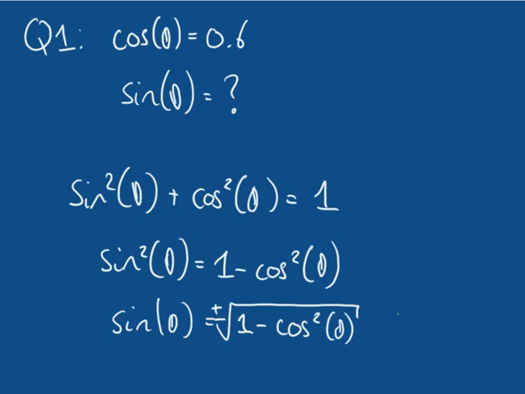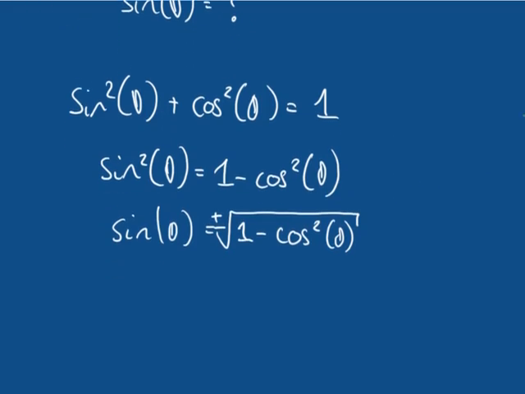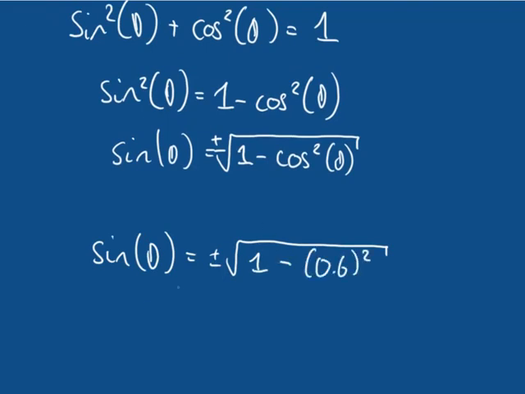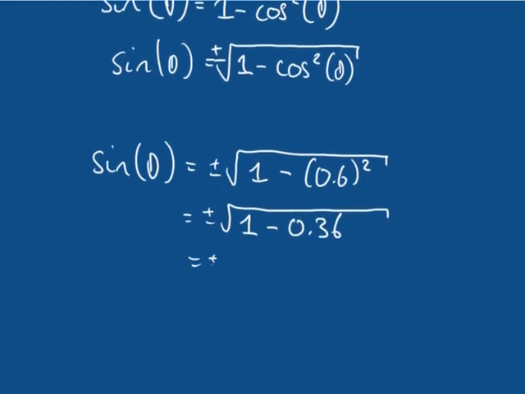So if the cosine of theta is 0.6, then the square of that is going to be 0.36. So sine theta is equal to plus or minus the square root of 1 minus 0.6 squared, which is equal to plus or minus the square root of 1 minus 0.36. 1 minus 0.36 is 0.64.